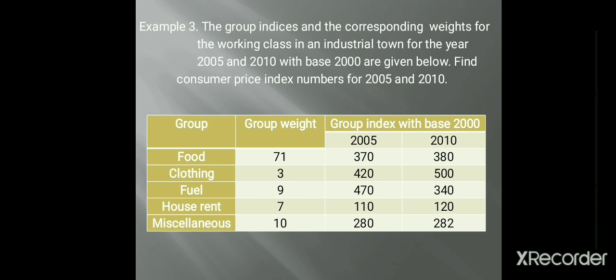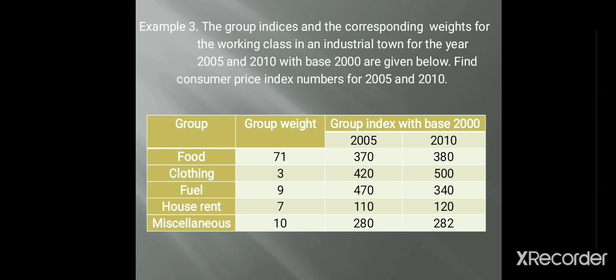For the second column heading, group weight should be mentioned with the letter W. The next two columns, group index for 2005, is denoted with I1 because this speaks about group index, nothing but I, and we have to handle two current years, 2005 as well as 2010.